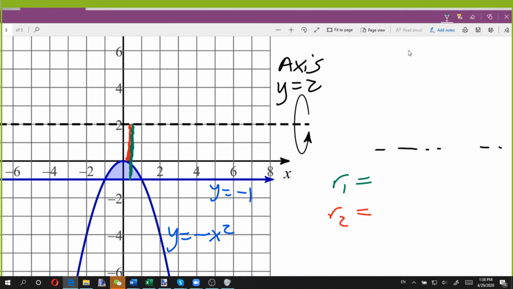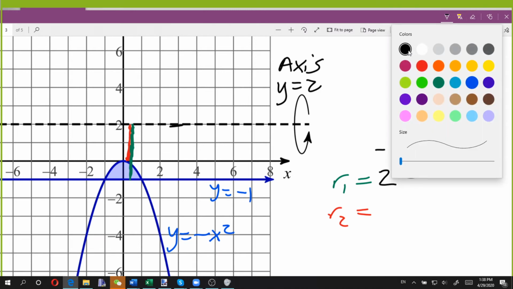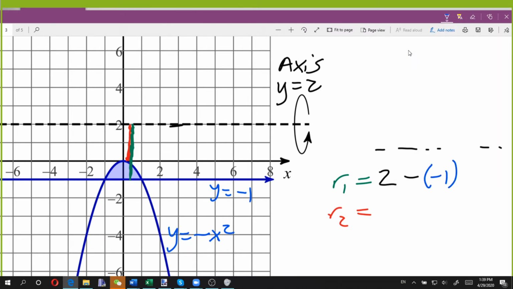What's the formula for the black line? Oh, so just 2. Okay, so R1 is 2 minus -1. Perfect. Which will end up being 3. Which makes sense. This is a constant radius. It doesn't matter what our x value is. This line all the way through is always 3.